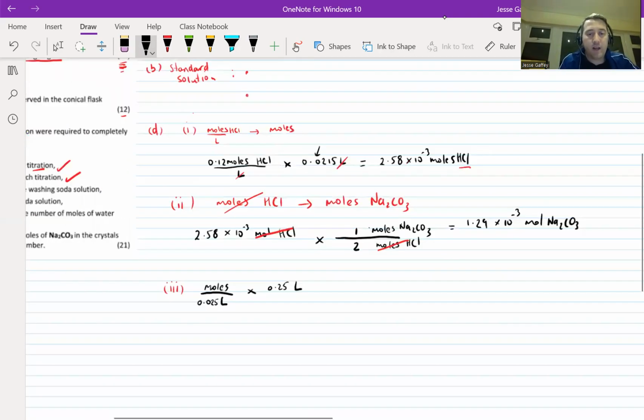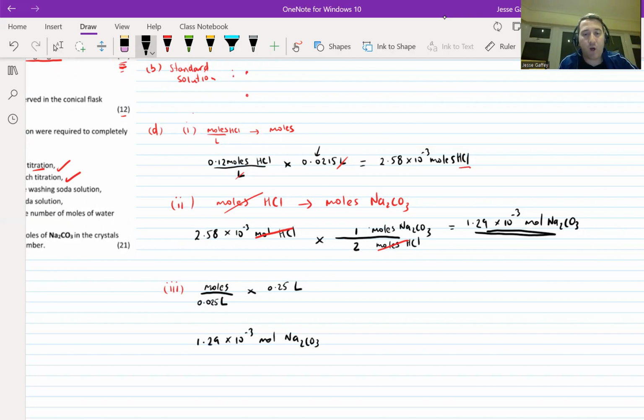So what I'm going to get you to do is pause the video and see, can you work through this plan now? Let's pause the video and do that now. Well, of course, this was the number of moles that was in 0.025 liters. So I'm going to do 1.29 by 10 to the minus 3, and that's moles of Na2CO3.